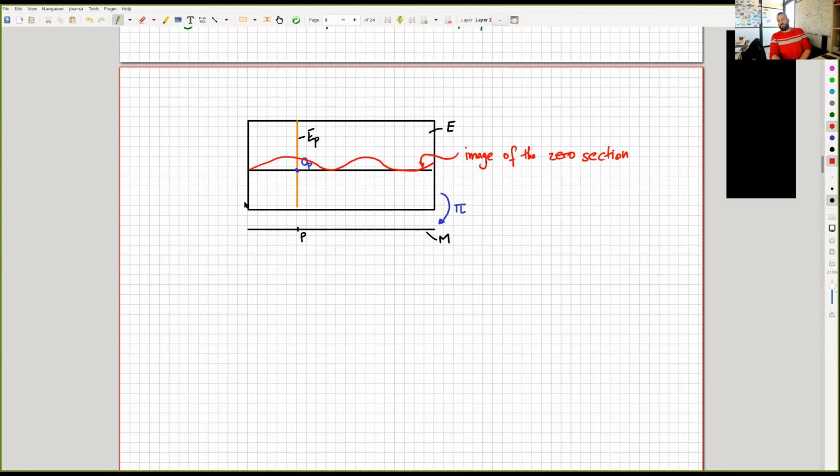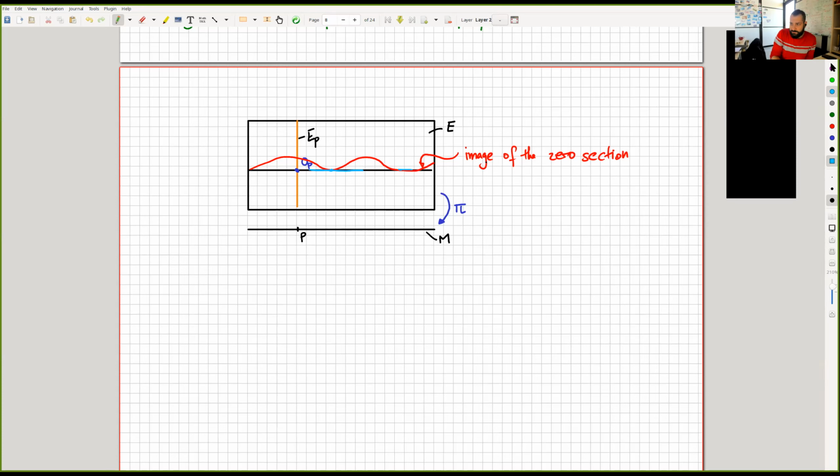This is, of course, not transversal. Why? Because if you look at the intersection points, the tangent space of the red line is the same as the tangent space of the black line, and this doesn't span the two-dimensional tangent space of E in this picture. And also all these points here have the same property.